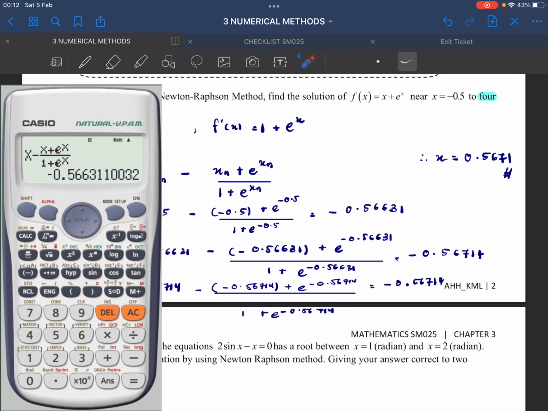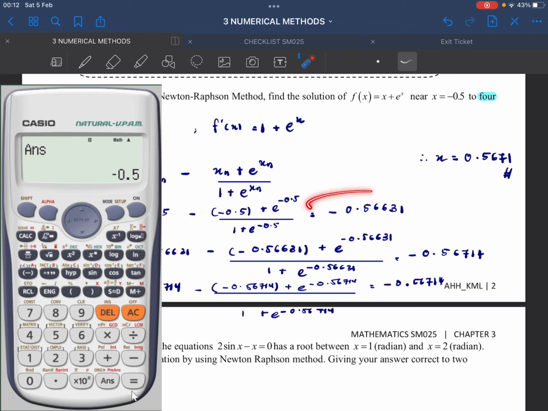As you can see here, we have the value negative 0.566311032. The question asks for 4 decimal places, but in the working step you have to have one extra, so we take 0.56631. That is our first answer for x1. If you want to find the second one, just press CALC, and then press answer.